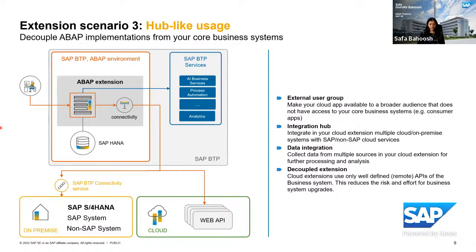Also, being in the BTP makes it much easier to establish this kind of connectivity to the variety of APIs. This also can work for scenarios where you want to externalize functionality. So we had it in many cases that, for example, customers want to implement application that is provided to external parties, like partners that have no access to the actual secured on-prem landscape.